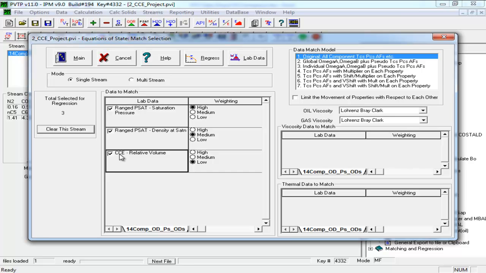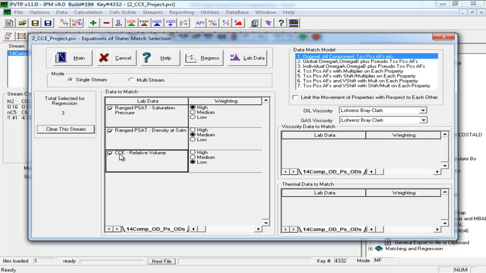So in here we have saturation pressure, we have CCE. Next step we will have DLE data, and we will have at the end separator data. Then you will need to keep all of them matched at the same time with acceptable average absolute error. So fortunately we take this step by step.